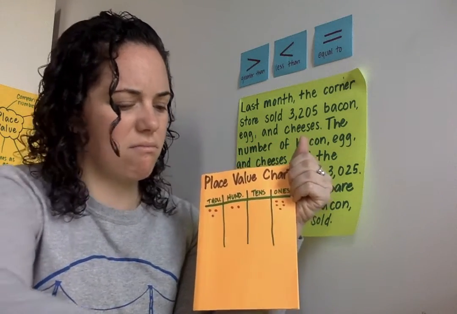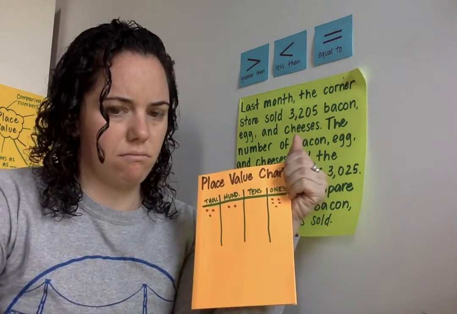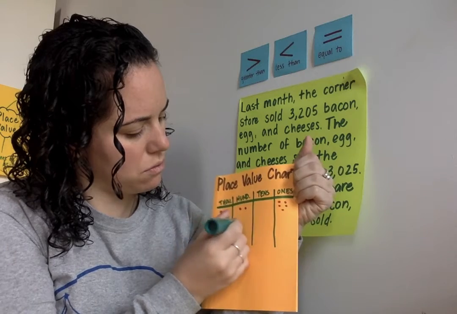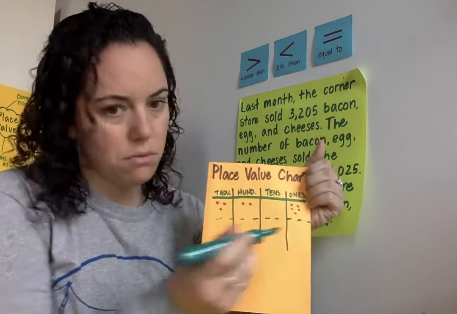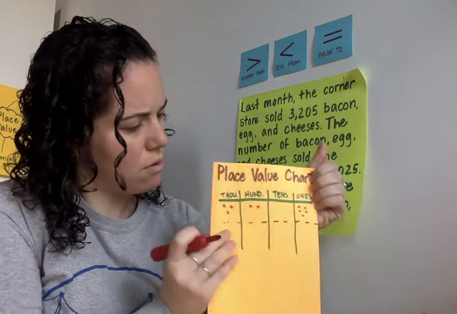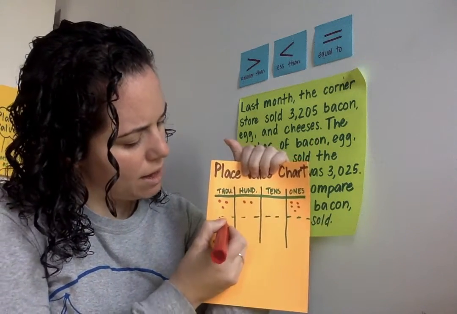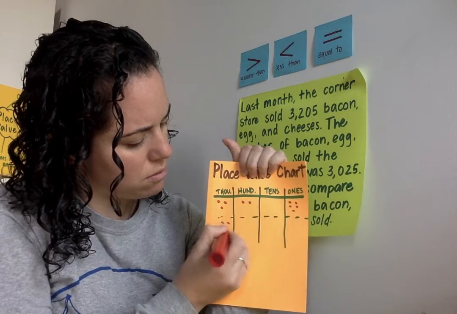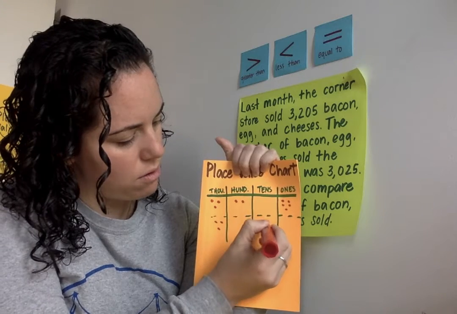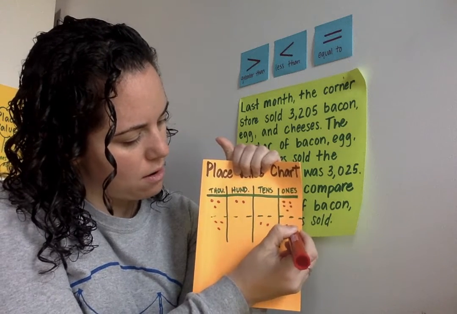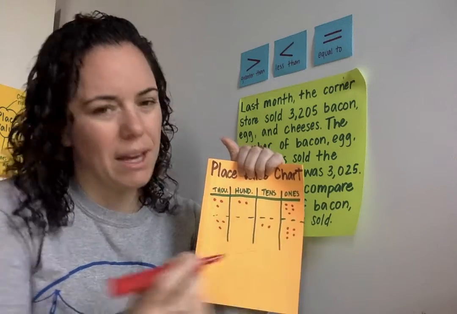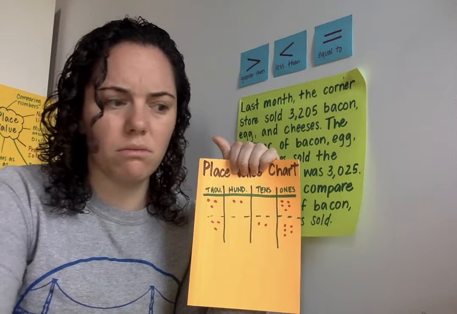But I know that 3,025 bacon, egg, and cheeses were sold the month before.